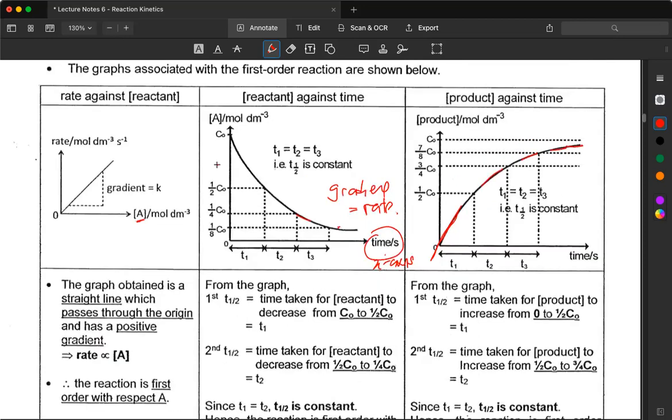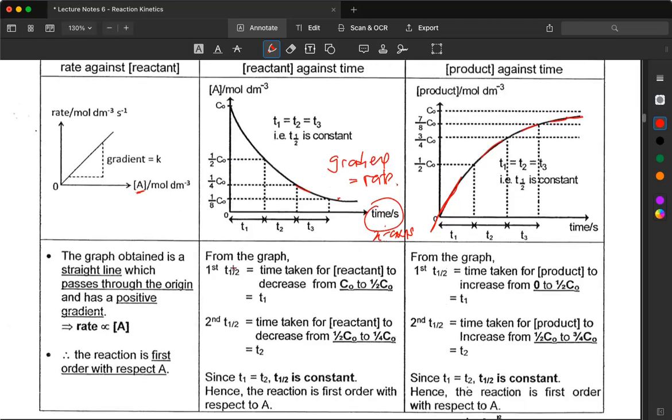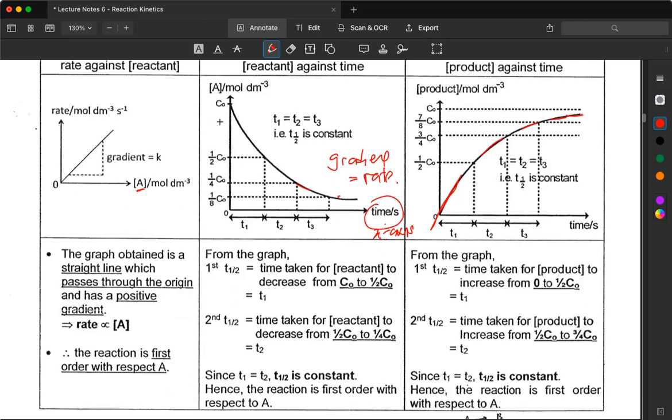If we take the concentration of reactants against time, we will have something like this. From the graph, the first half-life is the time taken for the concentration to reduce by half. We have C0 as the initial concentration. The half-life is the time taken for half of it to decrease.